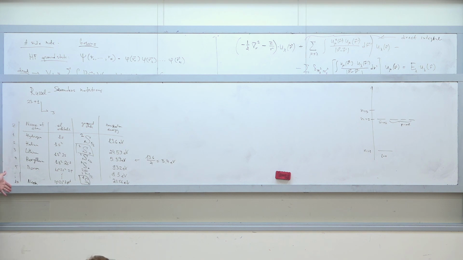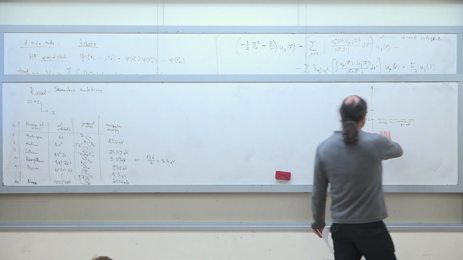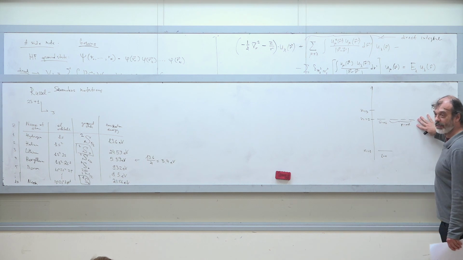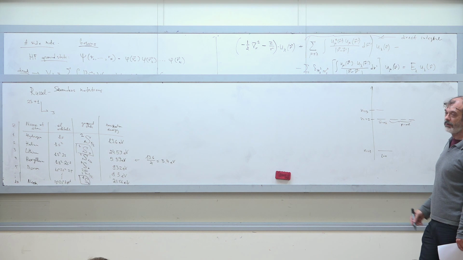Sodium is element 11, so it's one electron up again. We fill the first orbitals with electrons, and the next one goes to the third shell, to the s orbital.